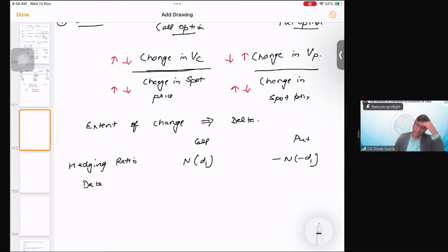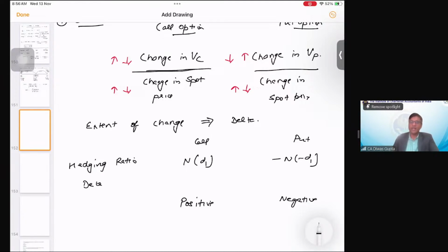So from this, we also imply the hedging ratio or delta is positive for call option, and for put option, it is negative. Why negative? Just now we explained, right? There is an inverse relationship between the changes in the prices of a put option and changes in the spot price.